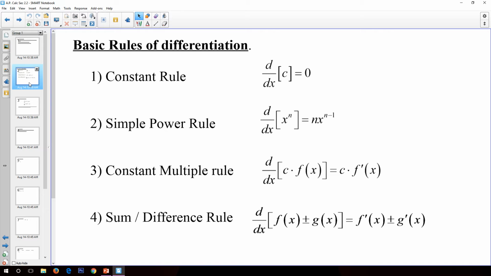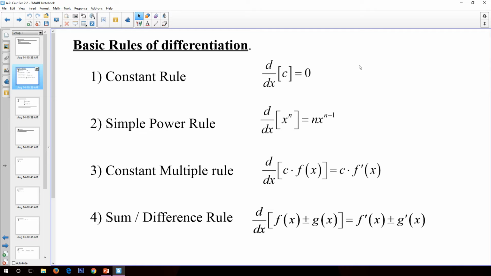The constant rule: anytime you take the derivative of a constant, you get 0. And once again, just to review, when you see d over dx, that implies take the derivative of whatever is inside the brackets or parentheses. And so the derivative of any constant with respect to x is always going to be 0.